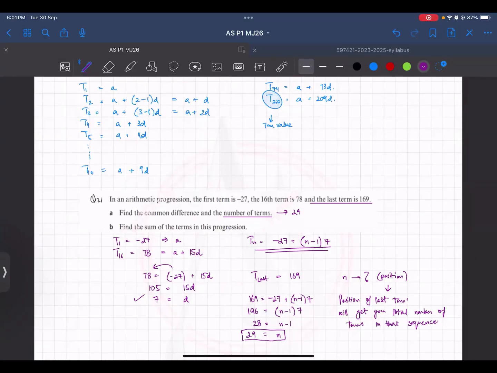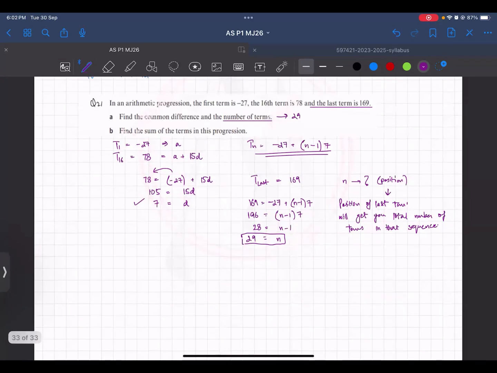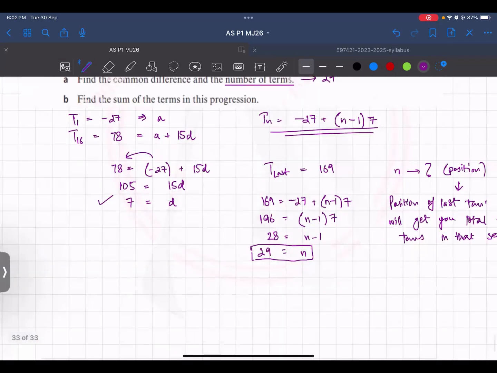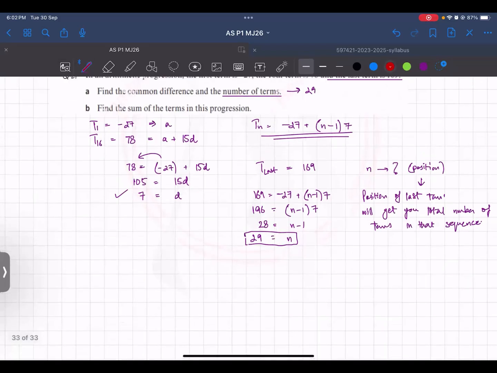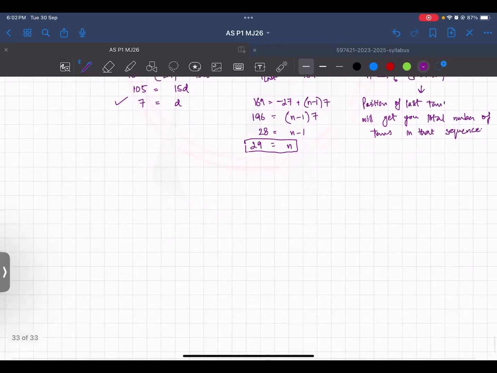Right? Okay. Now for the last part, part B, find the sum of the terms in this progression. So the sum of the first n terms in an AP is equal to n upon 2 times 2a plus n minus 1 into d.